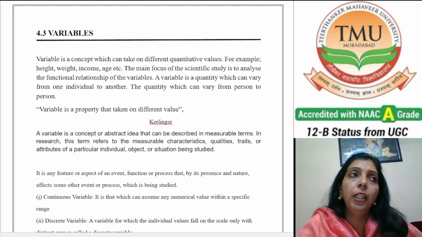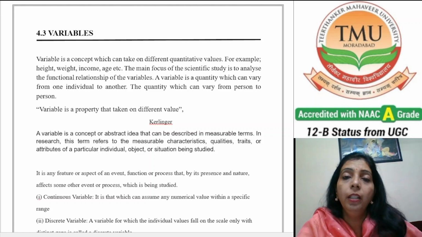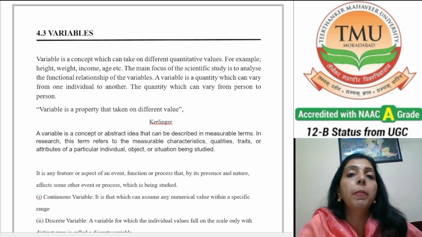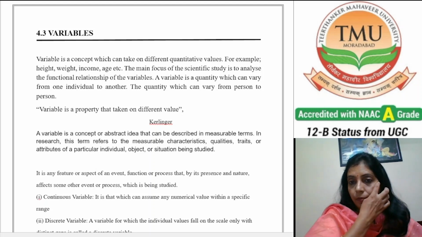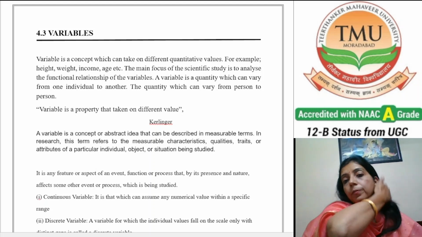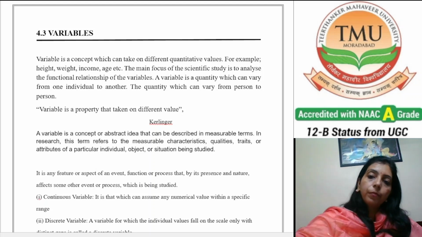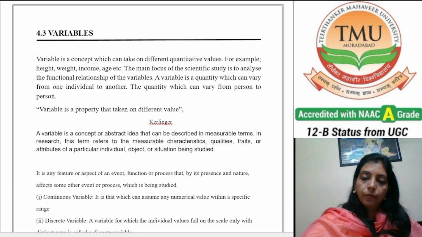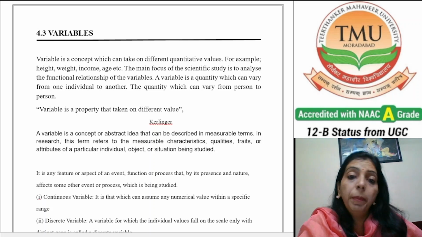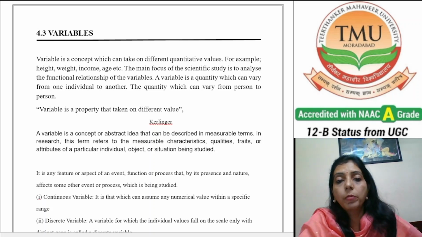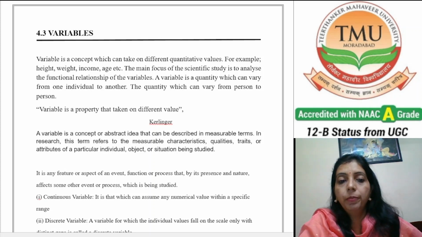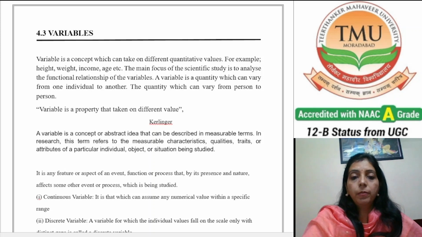You can take up any category: primary, upper primary, secondary and senior secondary. Dependent variable: score on a classroom observation inventory, which measures teacher-student interaction.